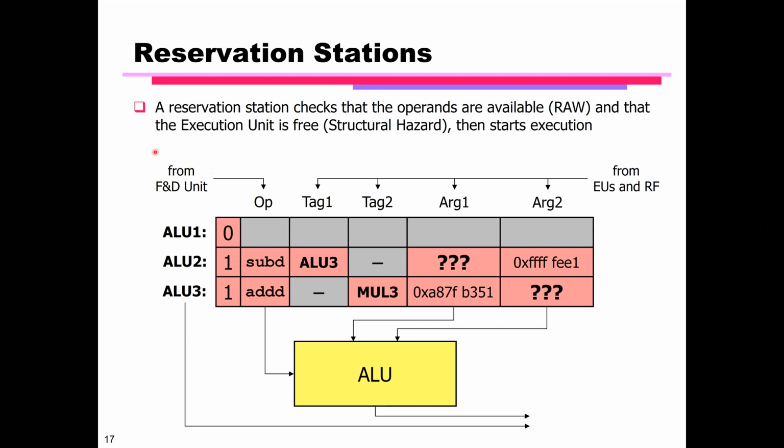The moment the fetch and decode unit comes up with a new instruction, it will decode that it is, for instance, an add, and that the two operands are register 1 and register 2 or whatever they are, and it will go and read the values from the register file and bring them here.